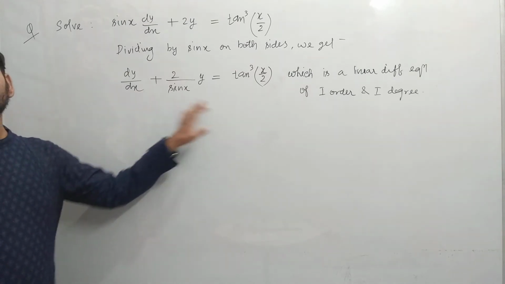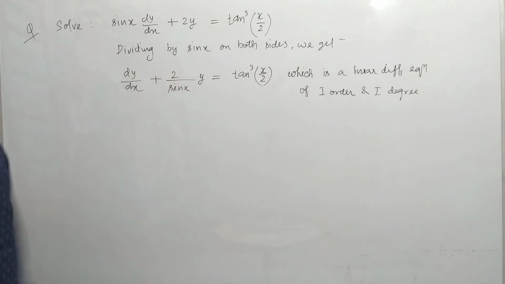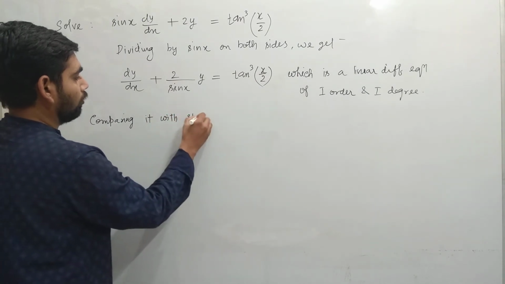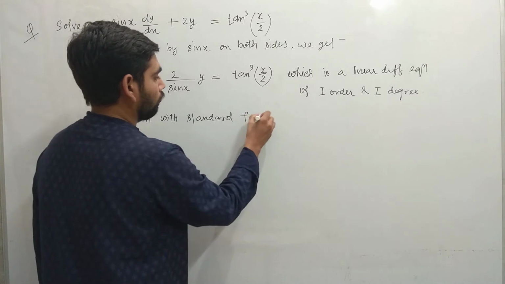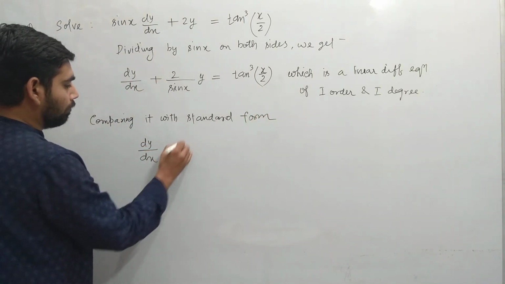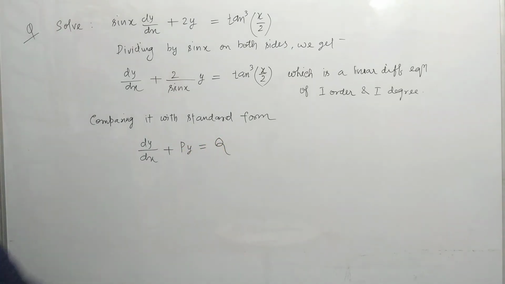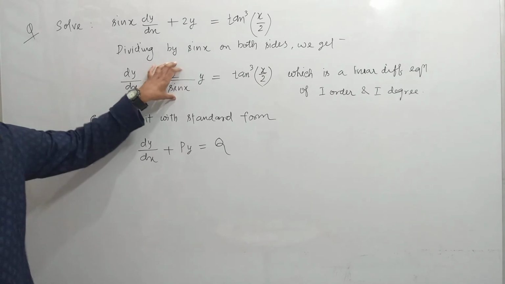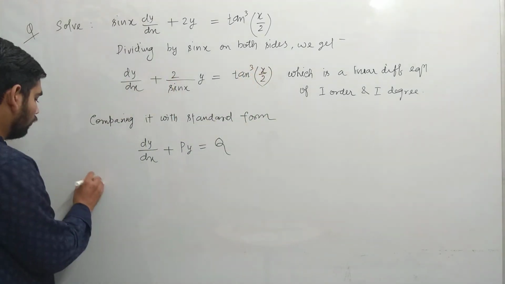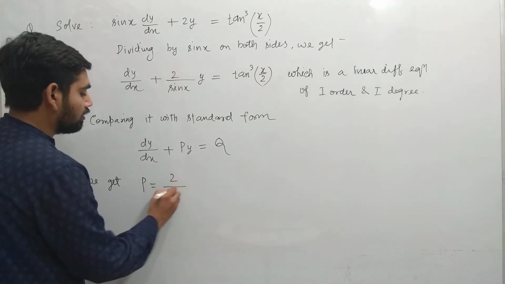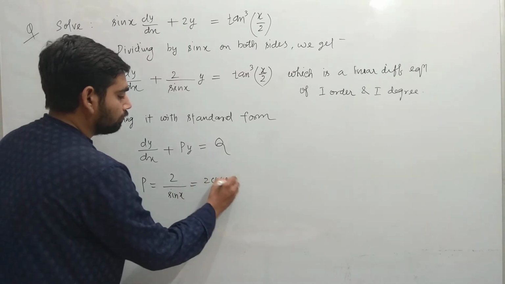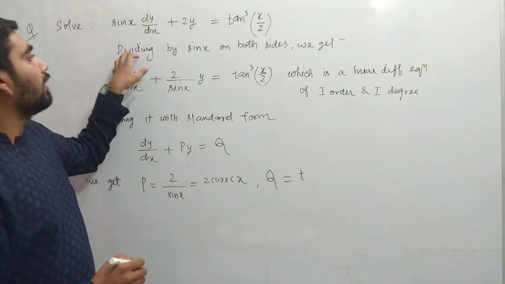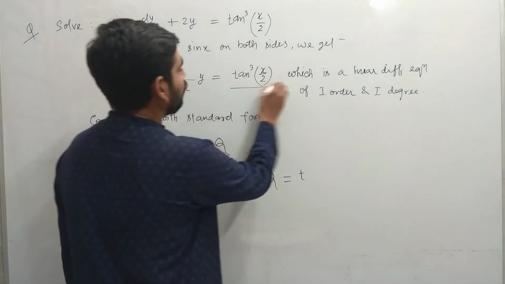Since it is a linear differential equation of first order and first degree and the dependent variable is y, comparing it with the standard form dy by dx plus py equals q, we get p equals 2 upon sin x, or we can write 2 cosec x, and in place of q it is tan cube x upon 2 divided by sin x.